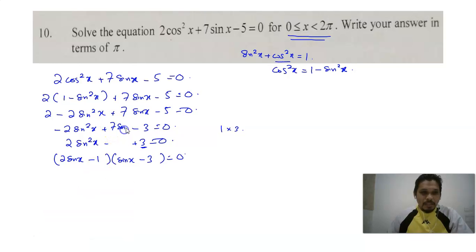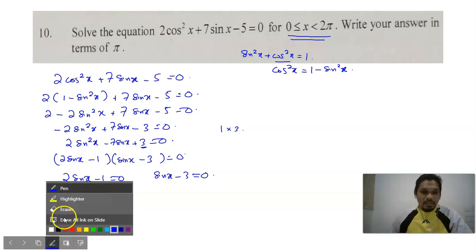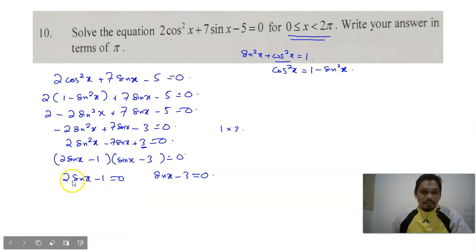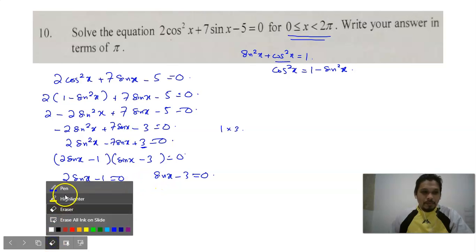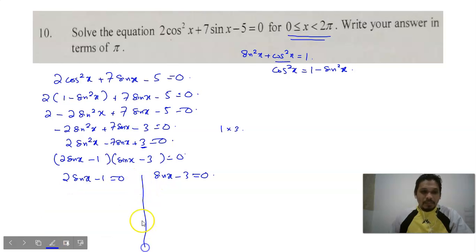It is 7 sine x. Okay, so negative 1 times negative 3 equals 3. So now 2 sine x minus 1 equals 0, then sine x minus 3 equals 0.